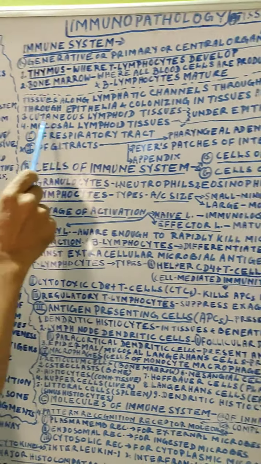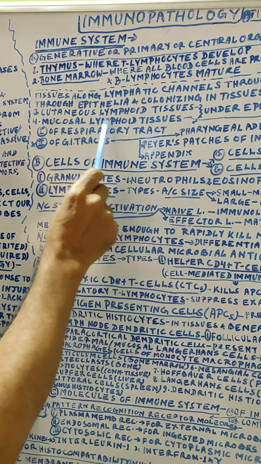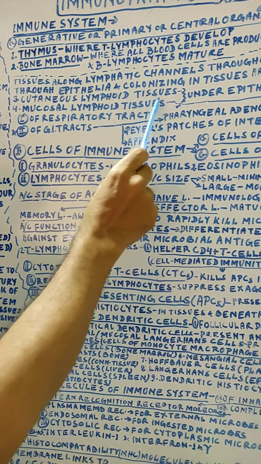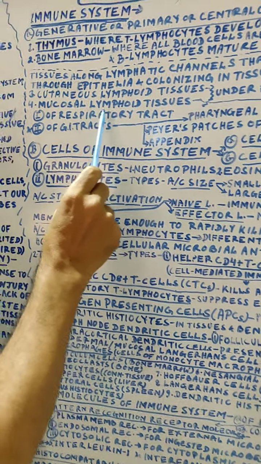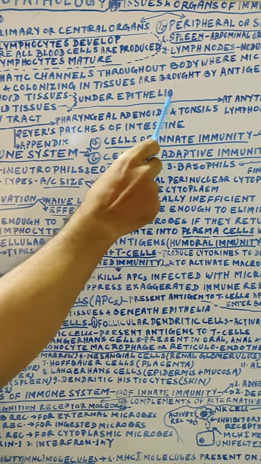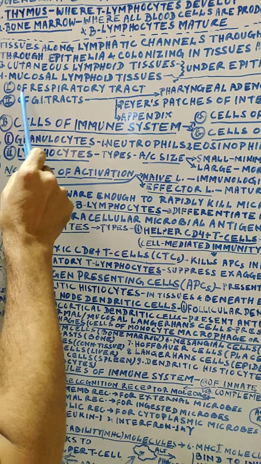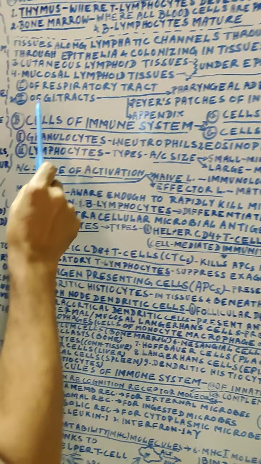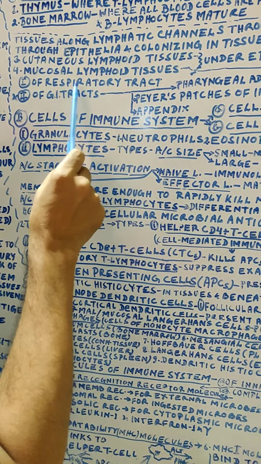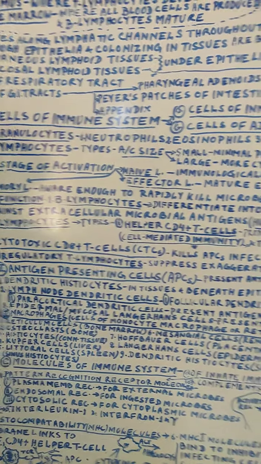Now, the third category of the peripheral immune organs is cutaneous lymphoid tissue, and fourth is the mucosal lymphoid tissue. Both of these lie under the epithelia. Now, the mucosal lymphoid tissues may be in the respiratory tract, and they may be in the gastrointestinal tract.